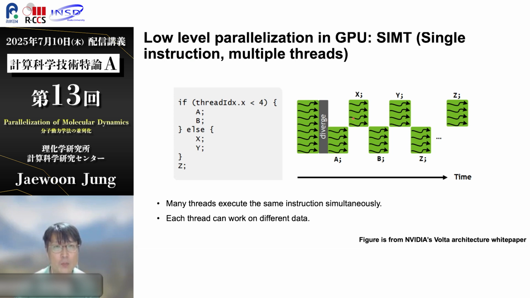So here, the important thing is that this instruction should be single. So many threads execute the same instruction at the same time. So in this sense, if you consider this kind of conditional statement, the GPU performs in this order.